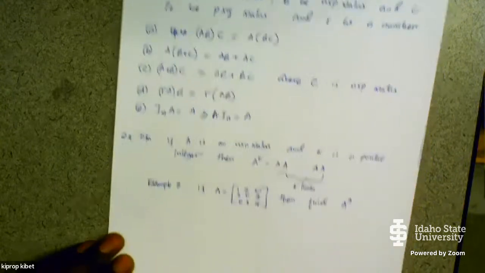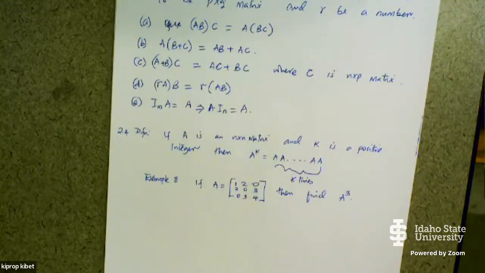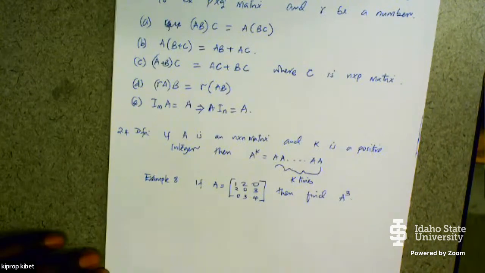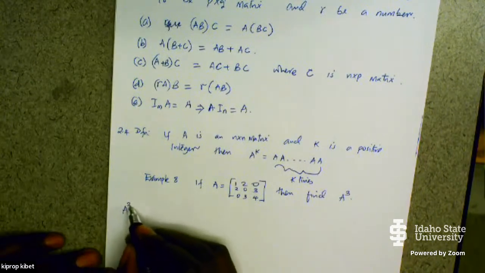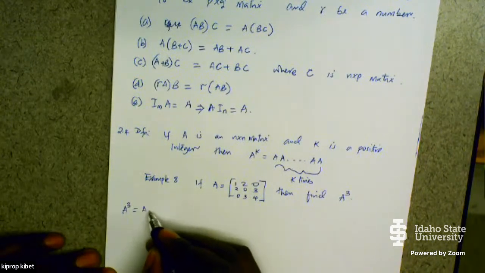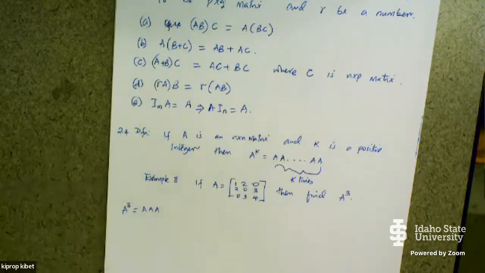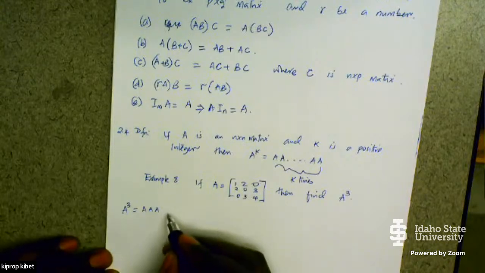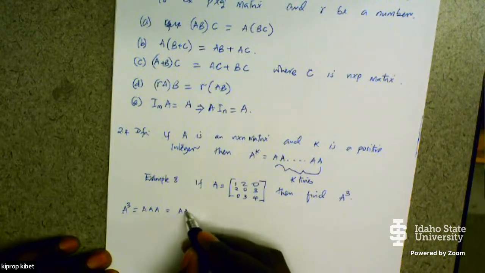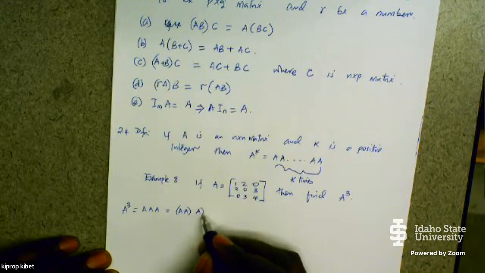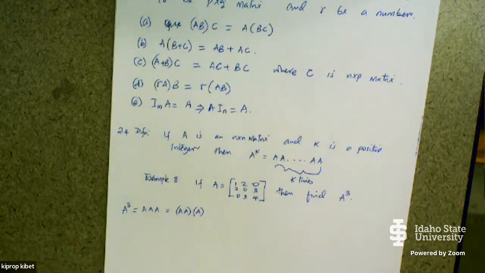So A raised to 3 is the same as A multiplied by A multiplied by A. And you can use the properties up there. So you can actually multiply A, and then later on you can come and multiply by A.